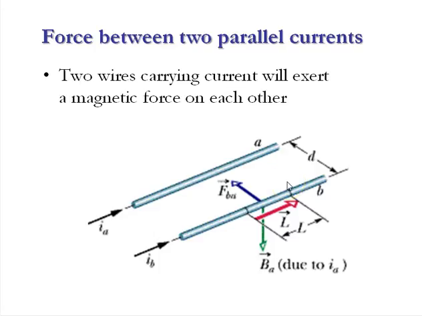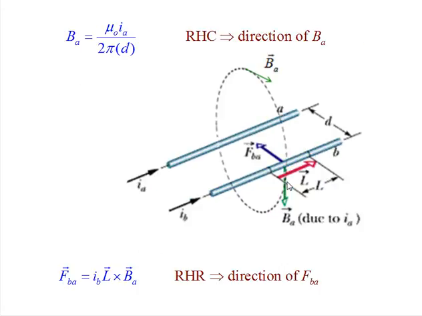Let's take a look at the magnetic field produced by the current flowing through wire A. And we'll look at the magnetic field towards the center of the wire, where we have additional symmetry. So this magnetic field is going to form a closed loop. It's going to have a circumference of 2 pi r at some perpendicular distance r from our wire A that's carrying current IA.